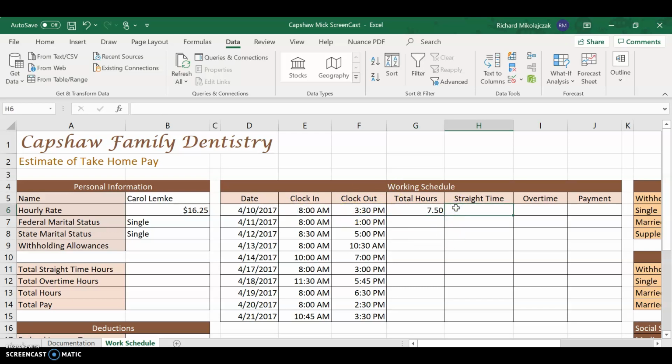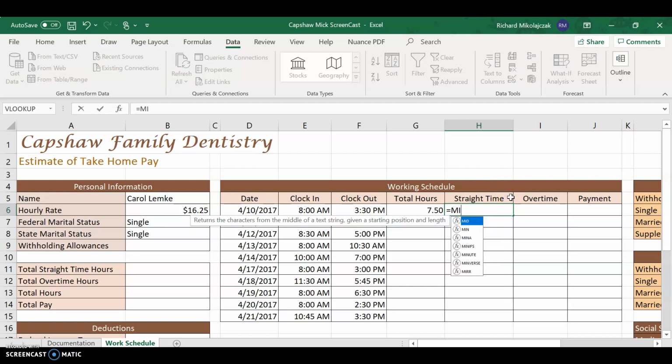And then for the straight time, they've got no more than 8 hours before overtime. So your straight hours is 8 hours. We need to put that in. It's equals MIN, up to 8 hours. So we're going to have G6, MIN up to 8.